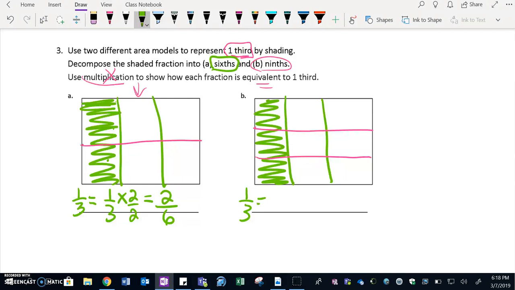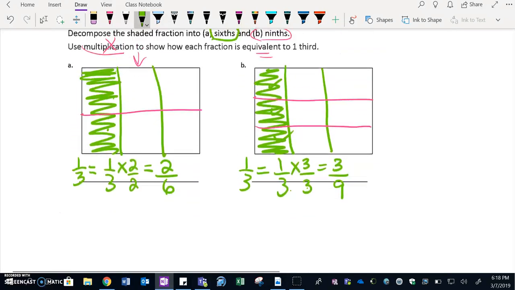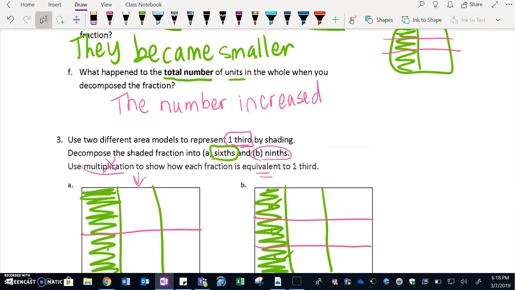This one I cut into ninths. The way I got it into ninths was taking my 1/3 and cutting it into 3, and increasing the pieces by 3. So 1 times 3 is 3, 3 times 3 is 9, so I see 3 pieces out of my 9. All right, continue on.